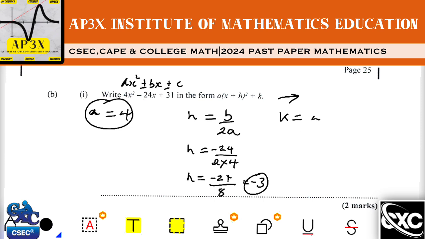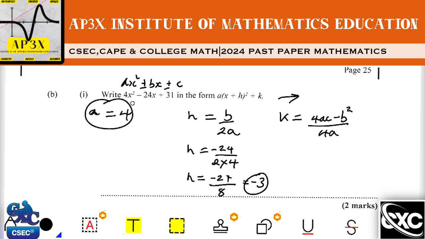We're going to end up with k being equal to 4ac minus b squared over 4a. I will make a tutorial later on of how we derive these formulas. Actually, it is by completing the square on ax squared plus or minus bx plus or minus c that produces the quadratic formula, x equals minus b plus or minus the square root of b squared minus 4ac all over 2a.